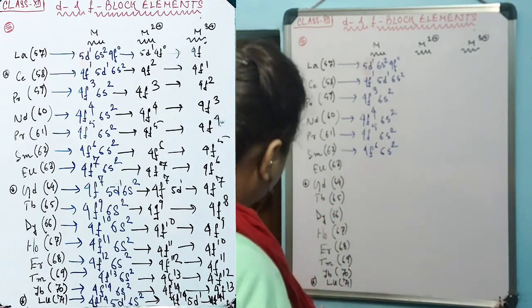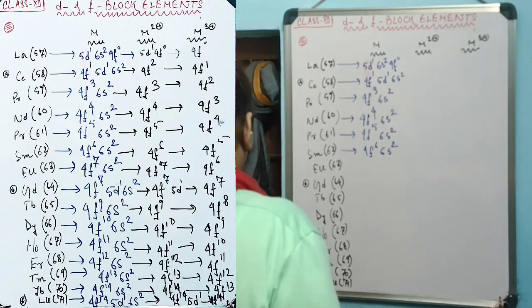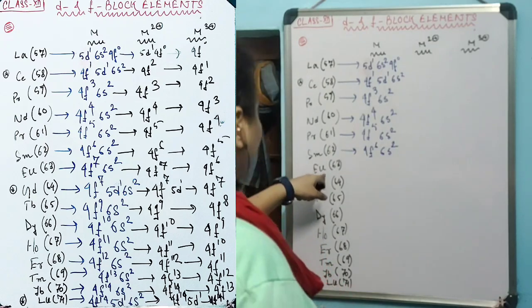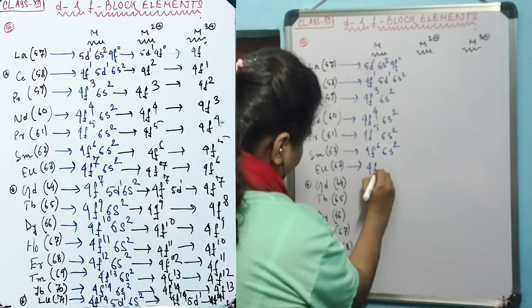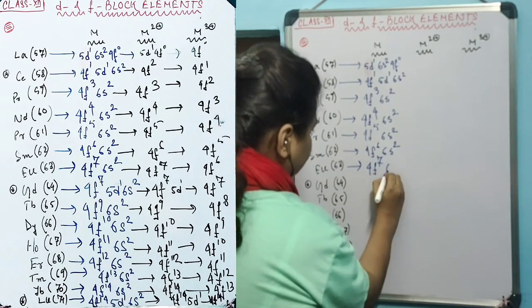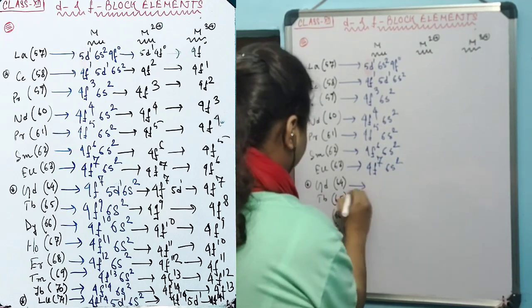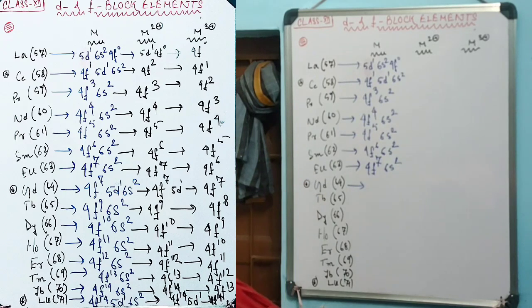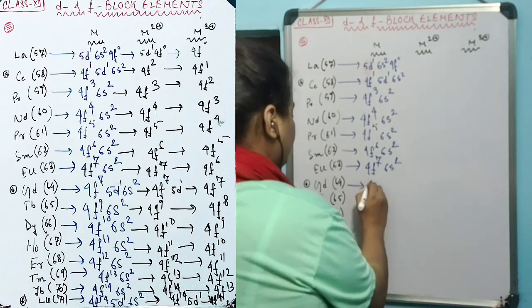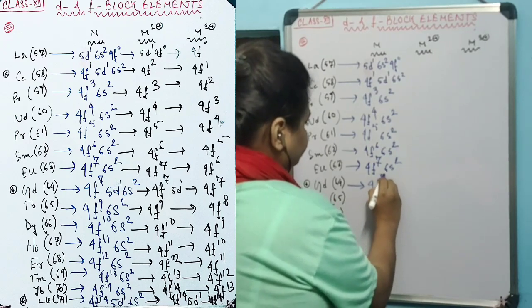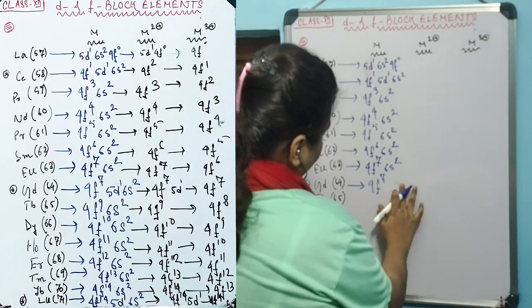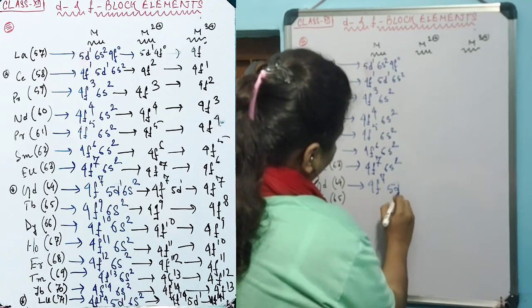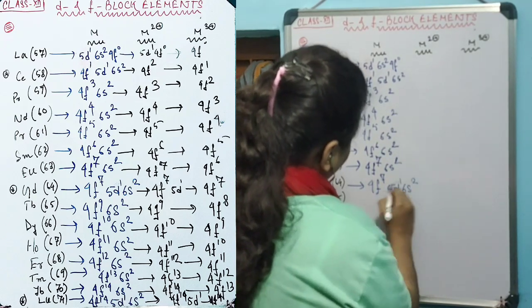For europium, Eu, the electronic configuration is 4f7 6s2. For the next element, Gd, gadolinium, the electronic configuration is 4f7 5d1 6s2.